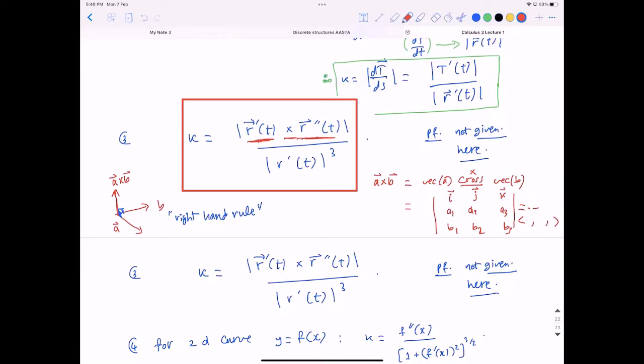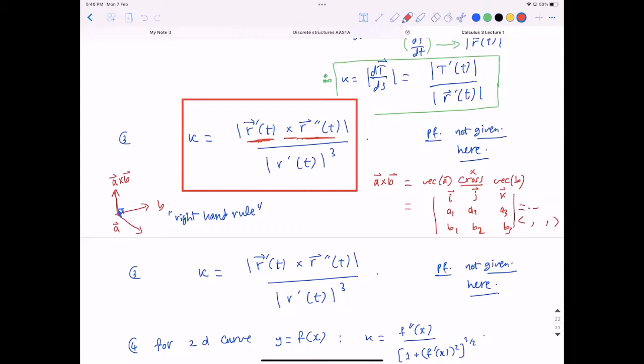We find the numerator. Second, we find the magnitude of the first derivative. We already have the R prime. We get its magnitude, as usual, magnitude of a vector: square root of x square plus y square plus z square, or a square plus b square plus c square, whatever notation you have.